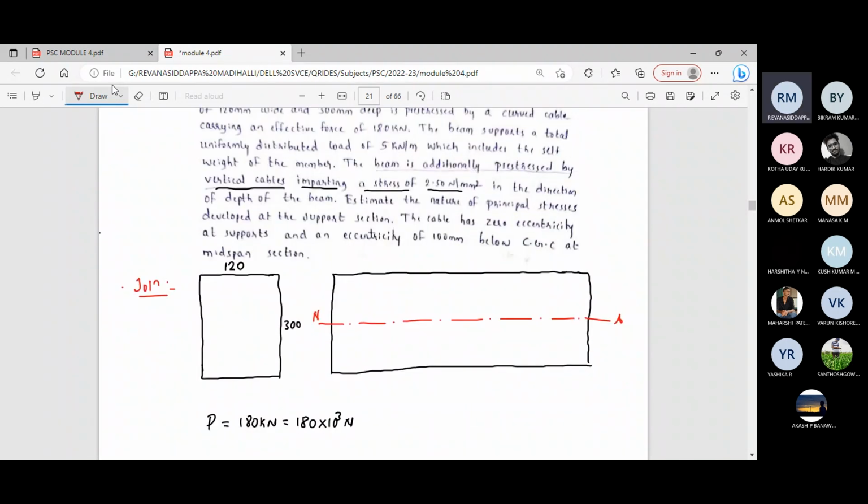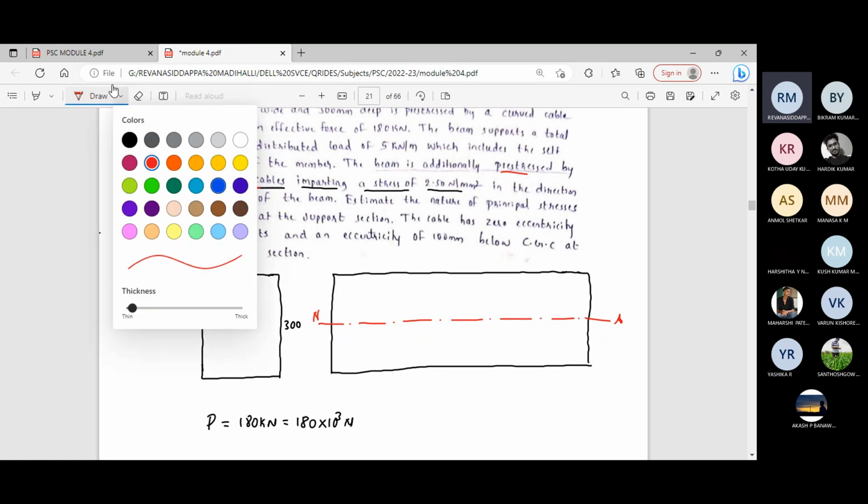The beam is additionally pre-stressed by vertical cables imparting stress of 2.5 Newton per mm square. There is vertical pre-stress induced in the beam. Let me show that here in the longitudinal section.